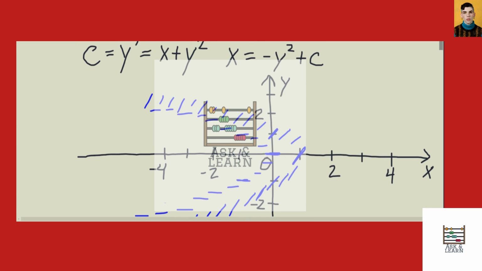As c gets larger and larger, our slopes get steeper and steeper. So we get these shells of parabolas with steeper and steeper slopes.